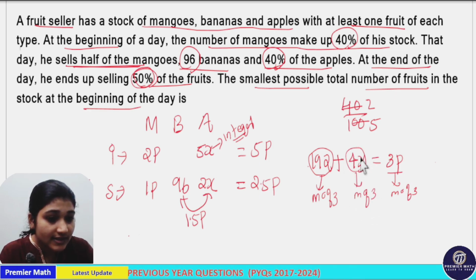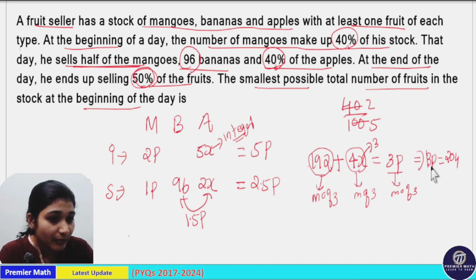So, if you put x as 1, 4x is not a multiple of 3. If x is 2, 8 is not a multiple of 3. Then, if x is 3, 12 is a multiple of 3, which means 192 plus 12 is equal to 3 parts. So 3 parts is equal to 192 plus 12, which means 204.